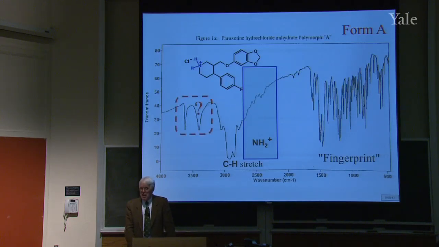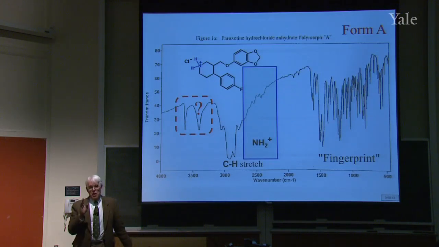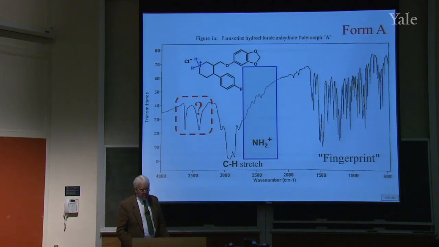Now, what are these peaks at really high frequency? Hydrogens on a double bond, sp2, are indeed higher frequency than hydrogens on a single bond, sp3, but they're not as high as this. And what those turn out to be due to is water.